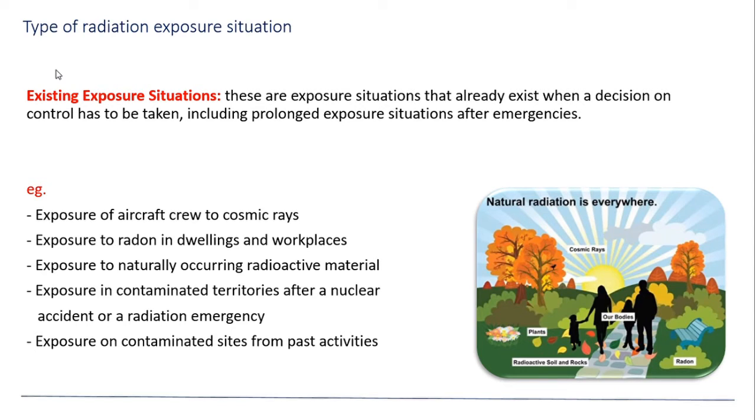Examples: exposure of aircraft crew to cosmic rays, exposure to radon in dwellings and workplaces, because radon gas exists everywhere, and exposure to naturally occurring radioactive materials, exposure in contaminated territories after a nuclear accident or radiation emergency, and exposure in contaminated sites from past activities.